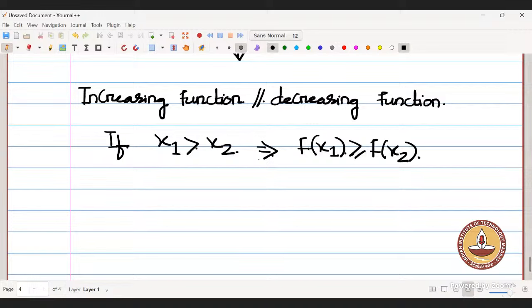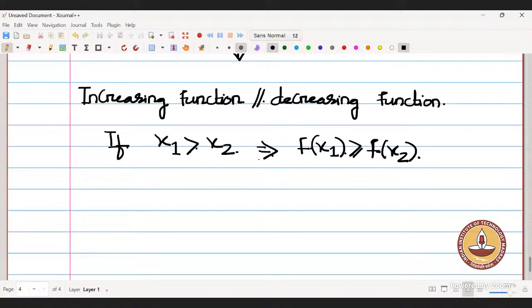You can remove the equal sign if you use strictly increasing and strictly decreasing; in that case, you can use the strict inequality. Otherwise, it's greater than or equal to.